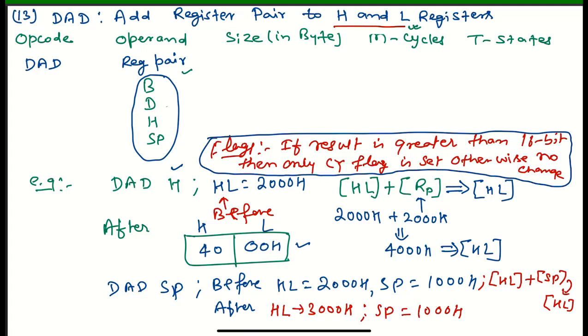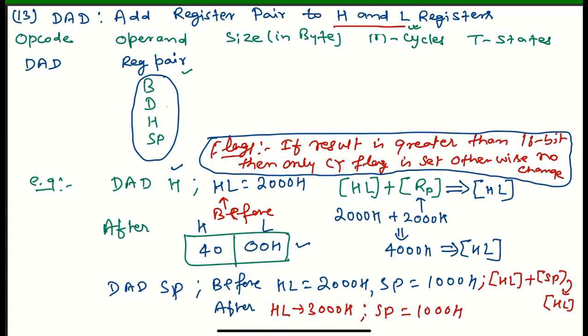What I am trying to say is that if the result is not greater than 16 bit, then whatever the status of the flags was before execution of this instruction, those are not going to be changed, or should not be altered by the execution of this instruction, whatever it is: sign, zero, auxiliary carry, parity, carry.